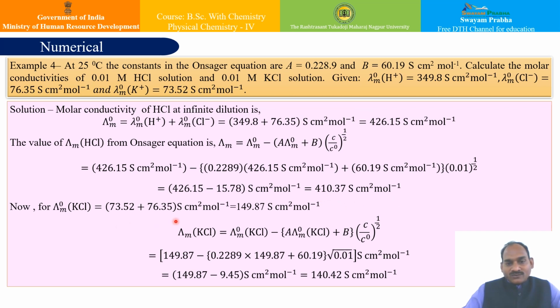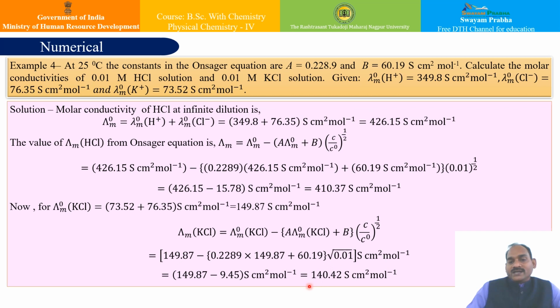For KCl I can repeat the same thing. I calculate the limiting molar conductance as the sum of the ionic conductivities, 73.52 plus 76.35, which gives 149.87 Siemens centimeter square per mole. Then I calculate the molar conductance of KCl using the Onsager equation, and on substitution I get 140.42 Siemens centimeter square per mole.